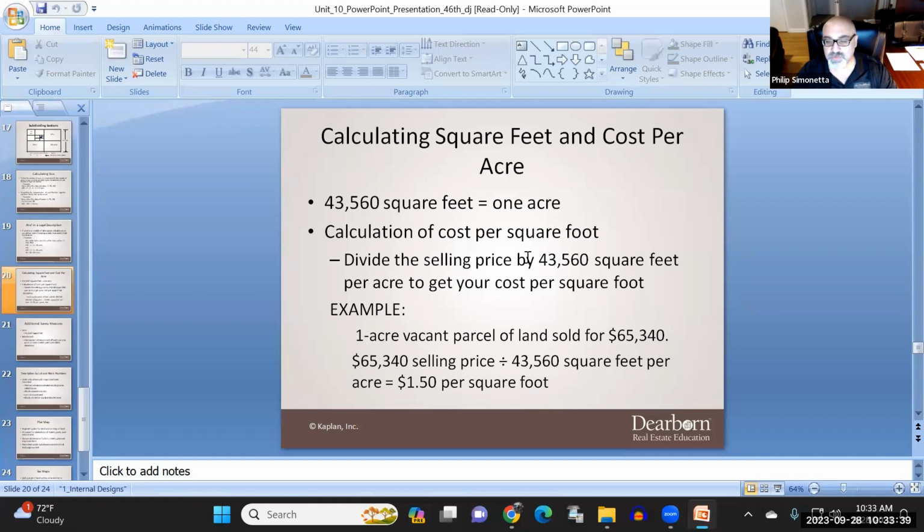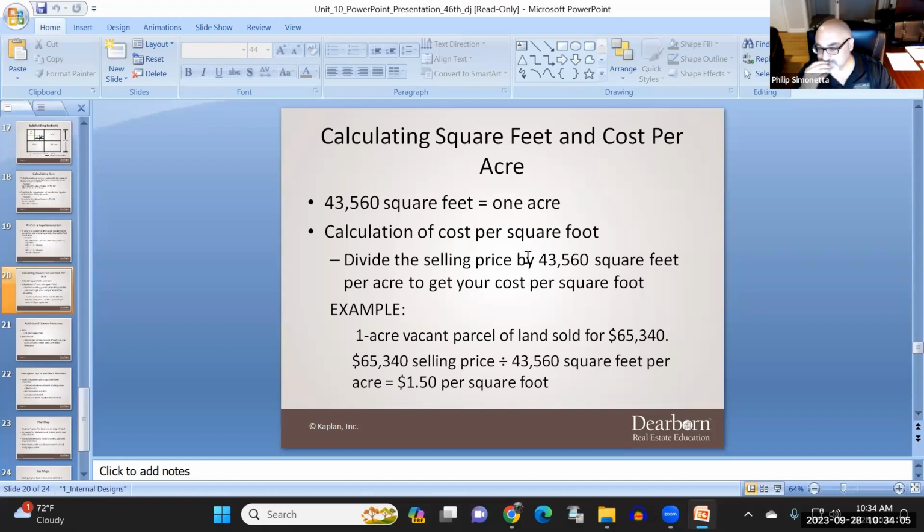Here's an example. 1 acre of vacant land sold for $65,340. You divide it by 43,560 square feet, and it tells you it was $1.50 per square foot.